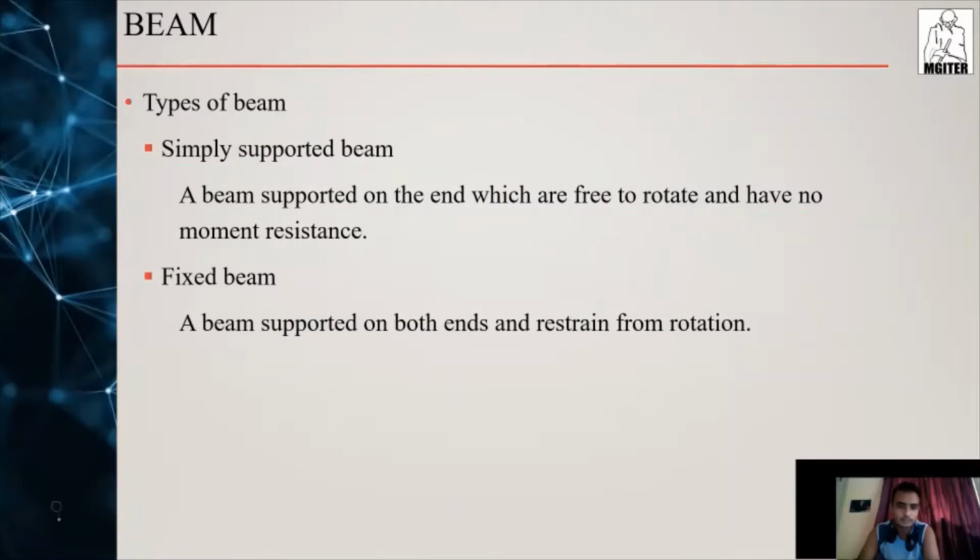This type of two-support beam we call a simply supported beam. Second is the fixed beam. In a fixed beam, both ends are fixed and restrained from rotation.